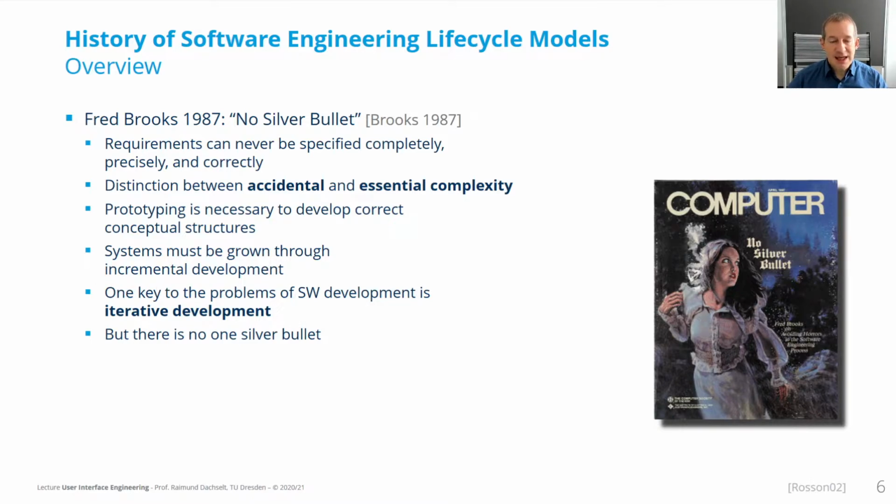That means incremental development should be built in, and planning alone never leads to a successful product which can dynamically react to changes. So iterative development, this term, he stressed and emphasized.